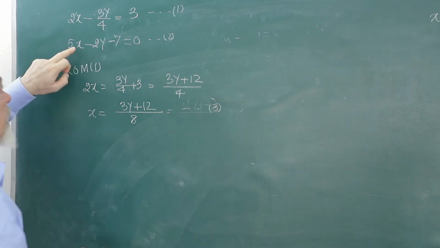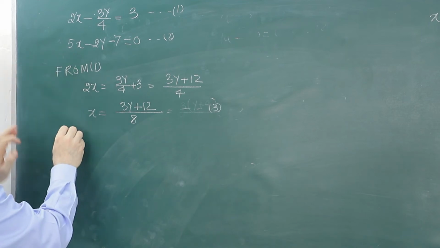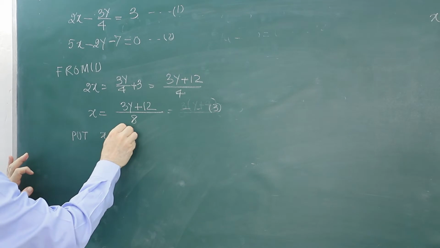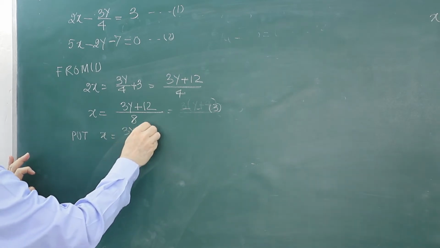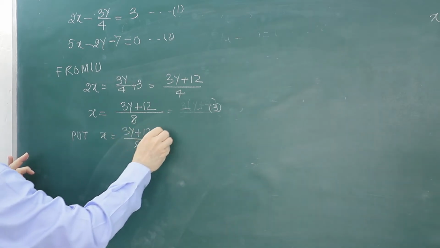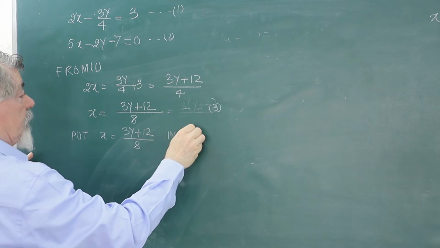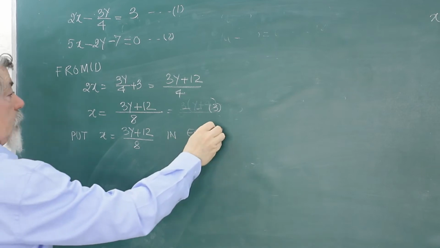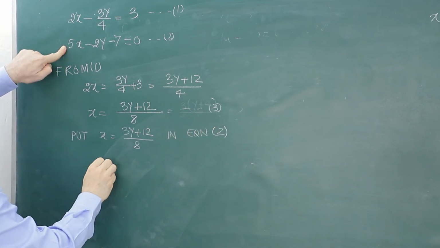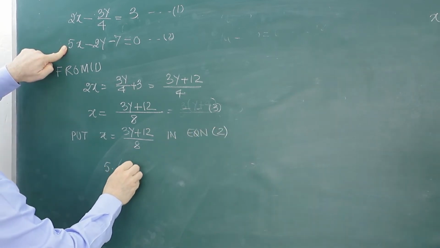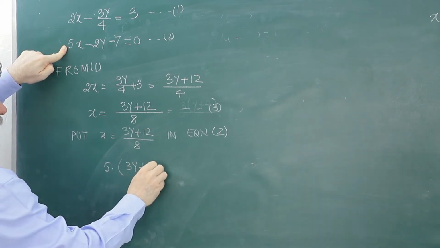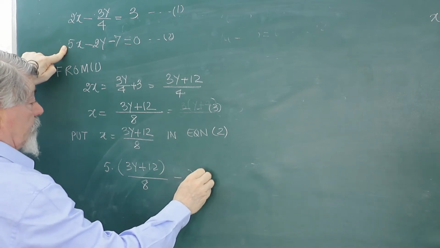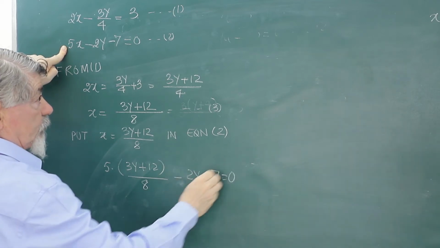Now substitute this value of x in equation 2. Put x equal to 3y plus 12 upon 8 in equation 2. In equation 2, which is 5 into x, so 5 into 3y plus 12 upon 8 minus 2y minus 7 is equal to 0.